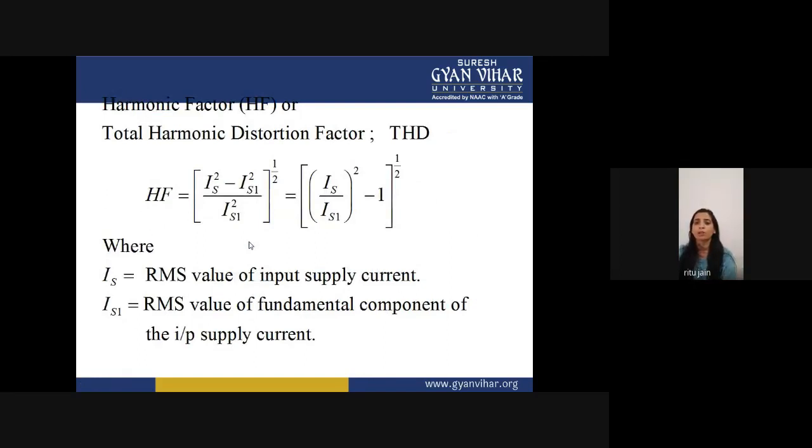So harmonic factor is root of (Is square minus Is1 square) upon Is1 square, which is root of (Is upon Is1) square minus 1. Is is the RMS value of the input supply current, and Is1 is the RMS value of the fundamental component of the input supply current.